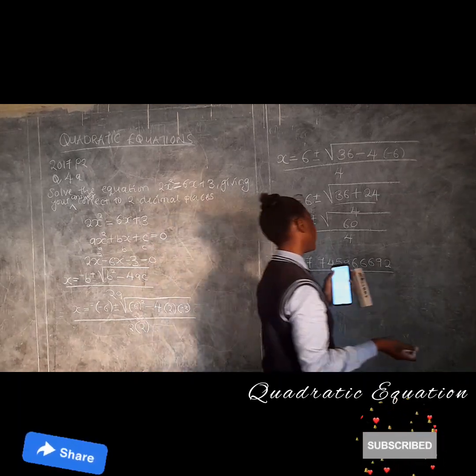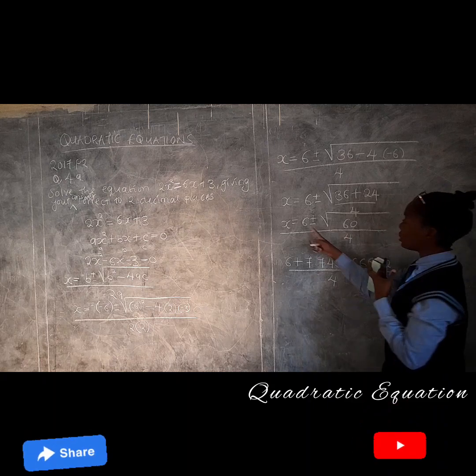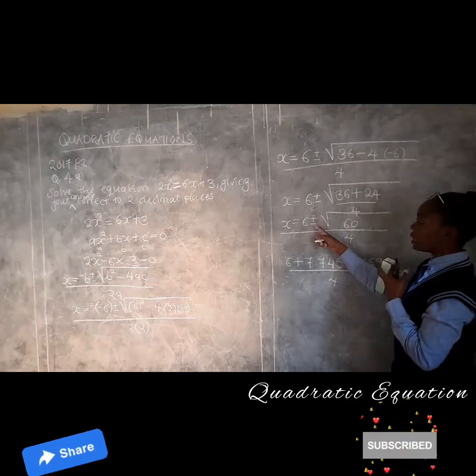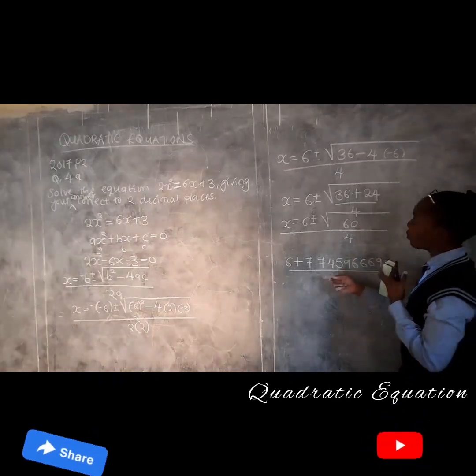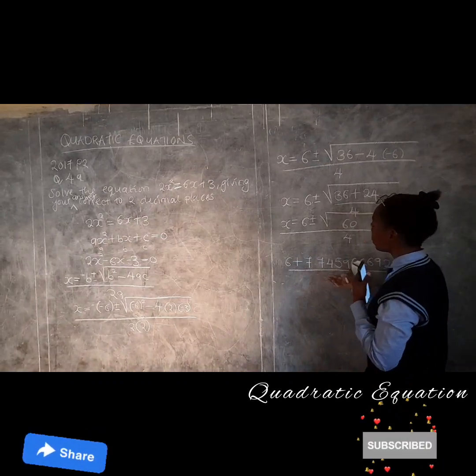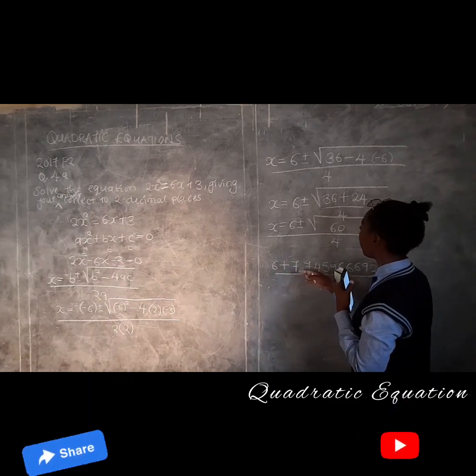Then on the other side again, since on our formula we've got 6 plus or minus, meaning when we find the square root of our 60 here, we're supposed to add our 6 that has been given here with the square root of 60.